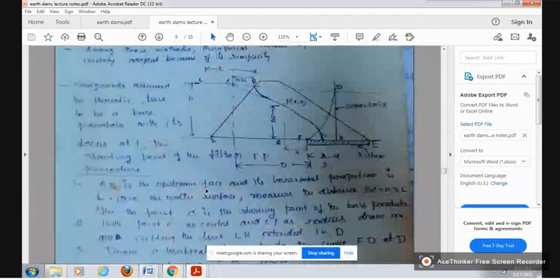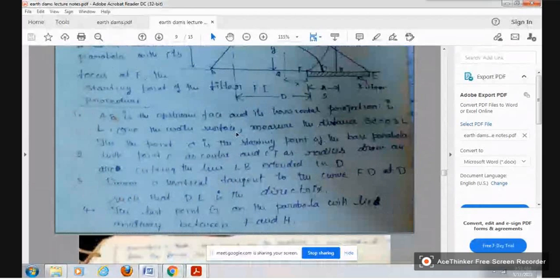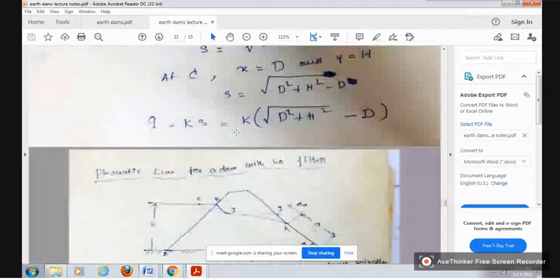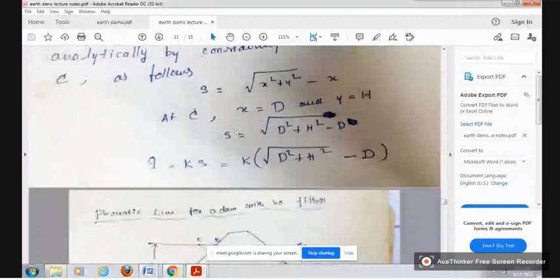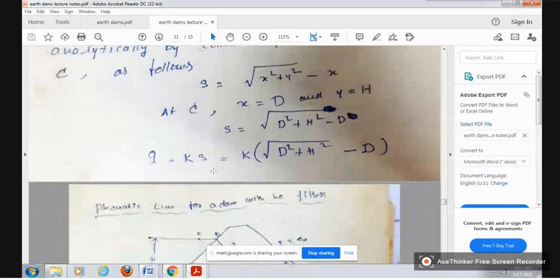You substitute that point, and you will get the S value also. So this is for when a filter is there.